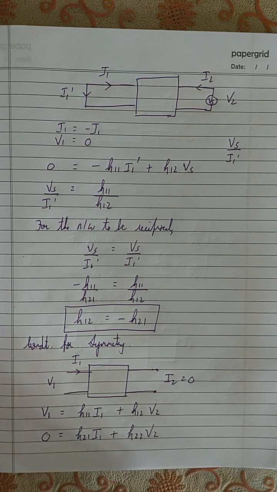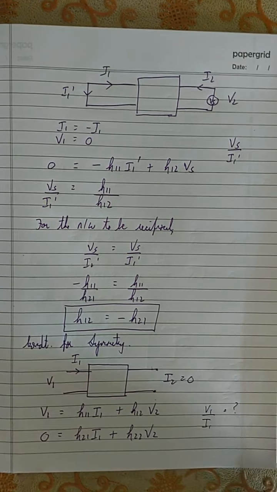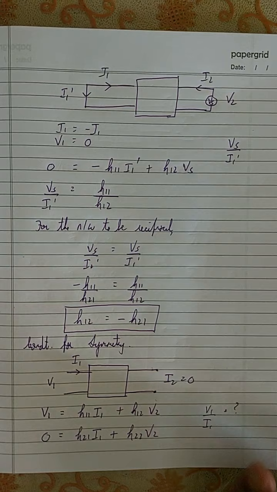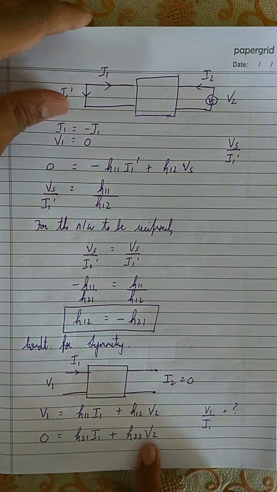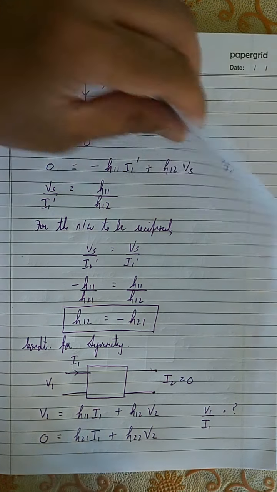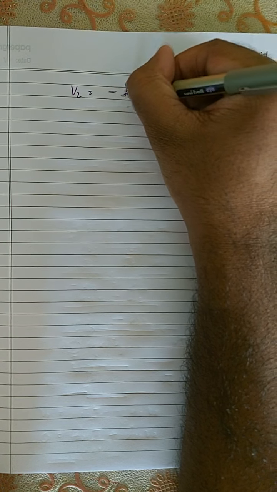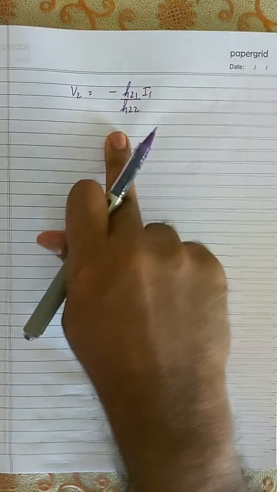We are trying to find V1 by I1, which means the parameter which I don't want is V2. So I will express V2 in terms of I1. So V2 is equal to minus H21 I1 by H22. So this is the equation for V2.